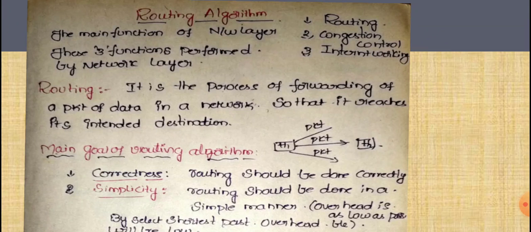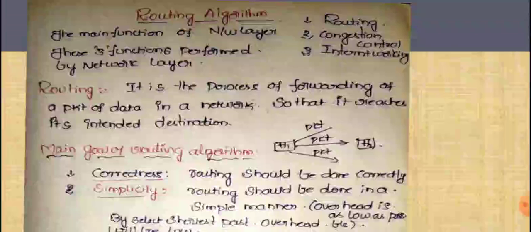Routing is the process of forwarding a packet of data in a network so that it reaches its intended destination. Routing makes the decision of which routes to use, and it is responsible for filling and updating the routing table.